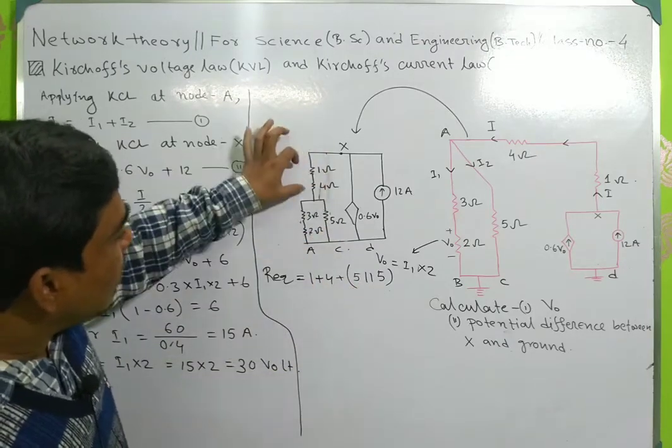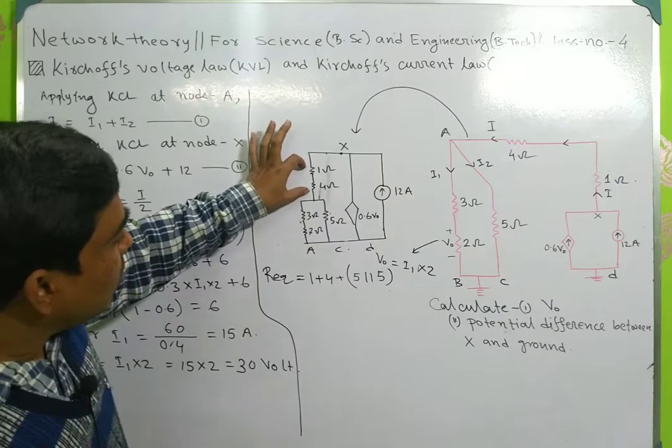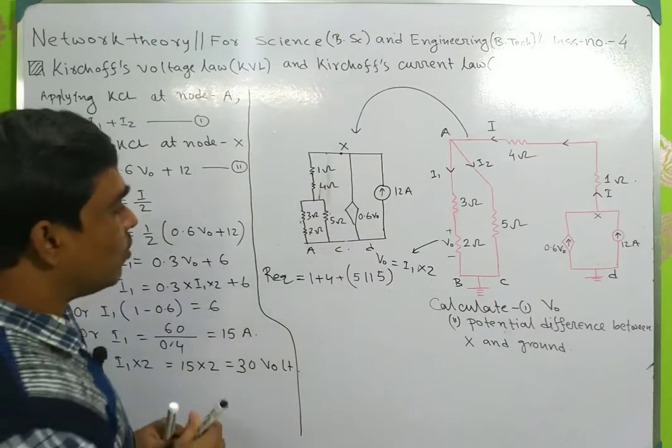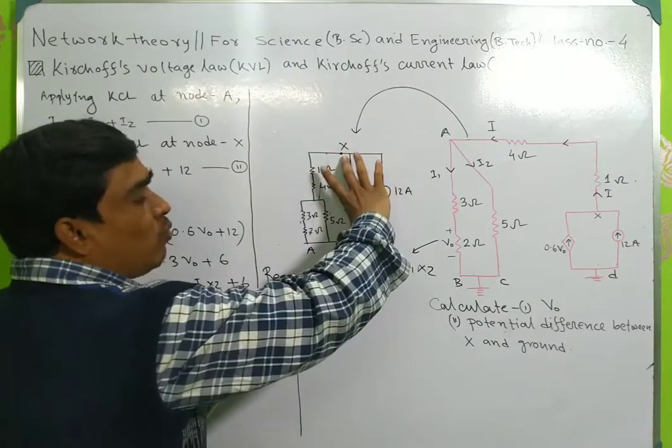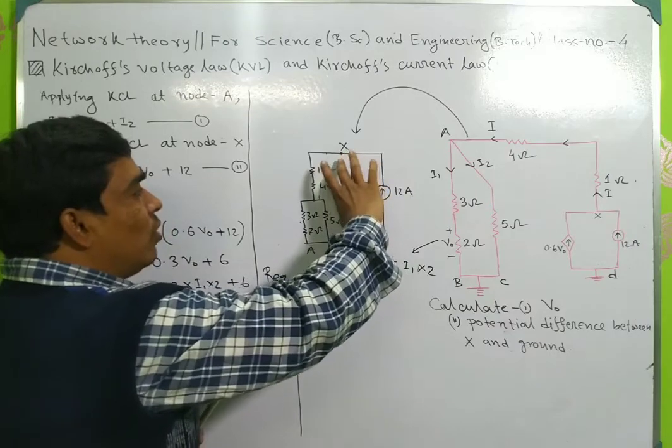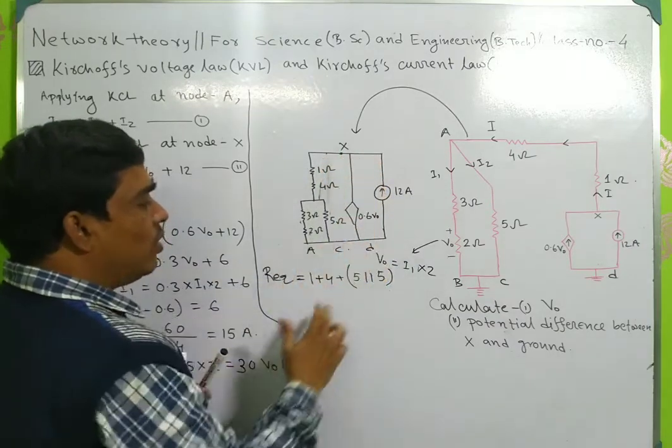Both are connected with this series 1 plus 4. So this is the equivalent resistance between node X and the ground node.